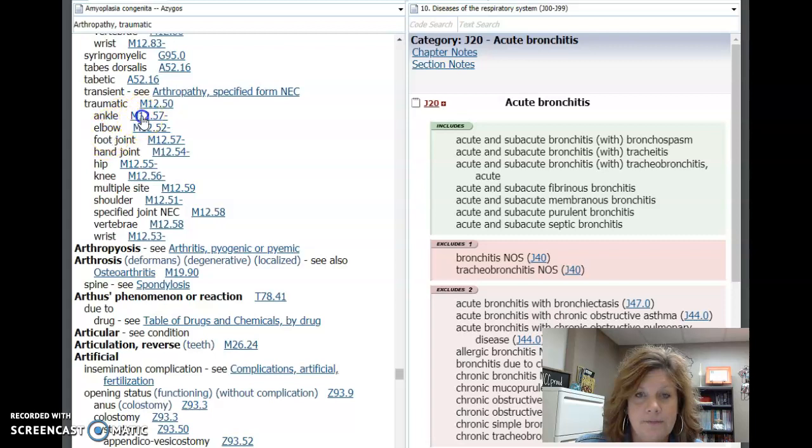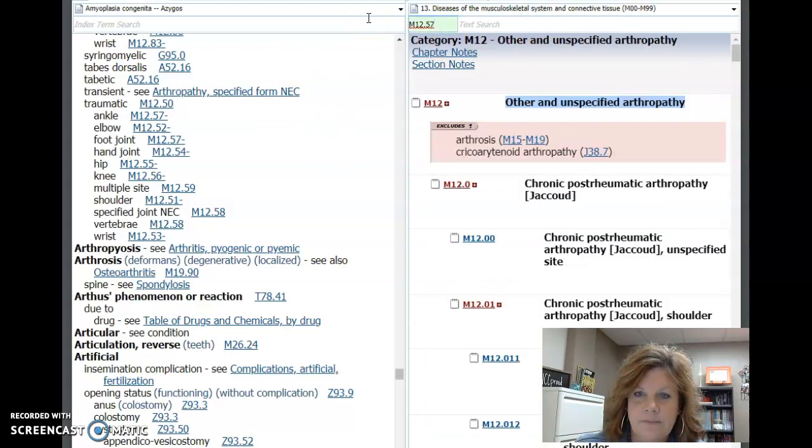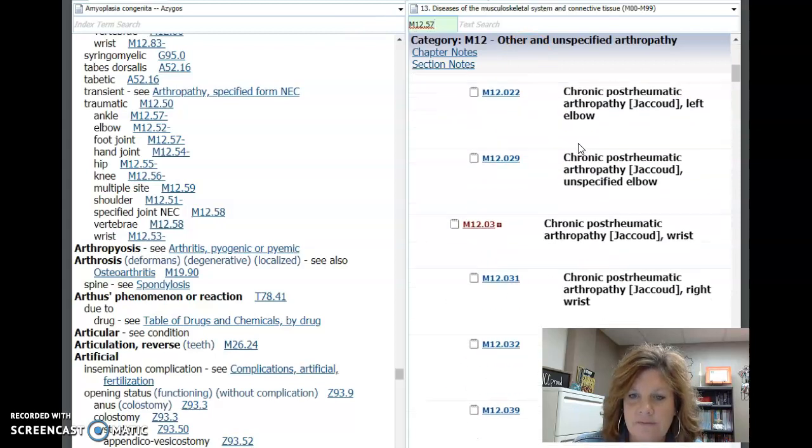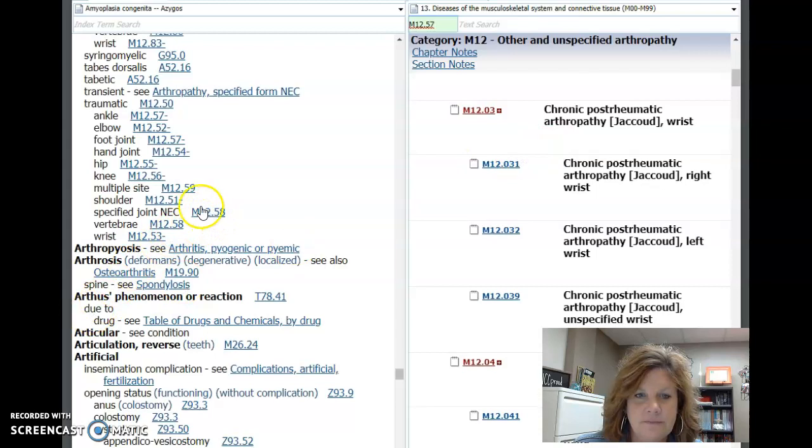Sorry about that. My system. There we go. So M12.57 is what we need.